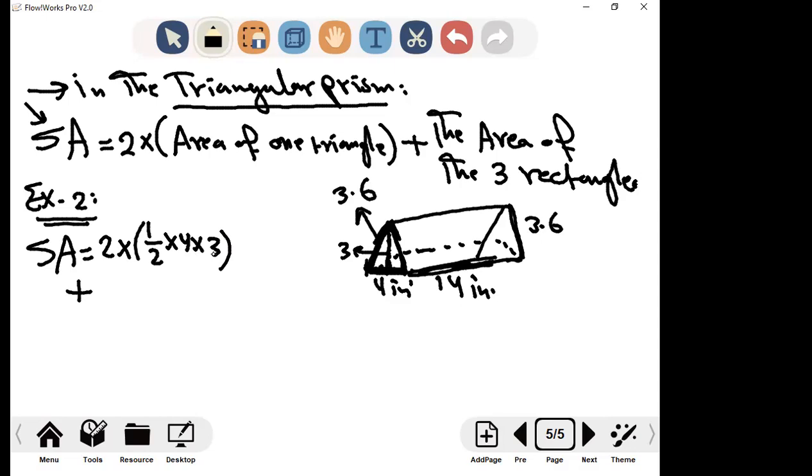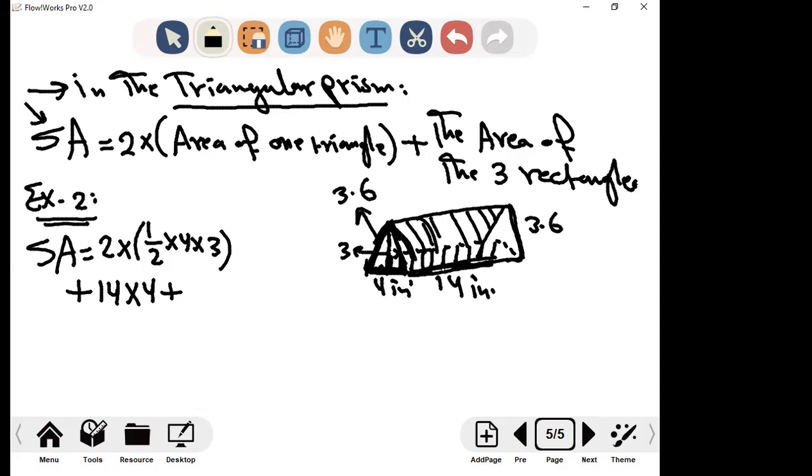Let's start with the rectangle on the floor. Length multiply width. What's its length? 14 multiply the width 4, right? Plus I want the rectangle on the right, this one in front of us.